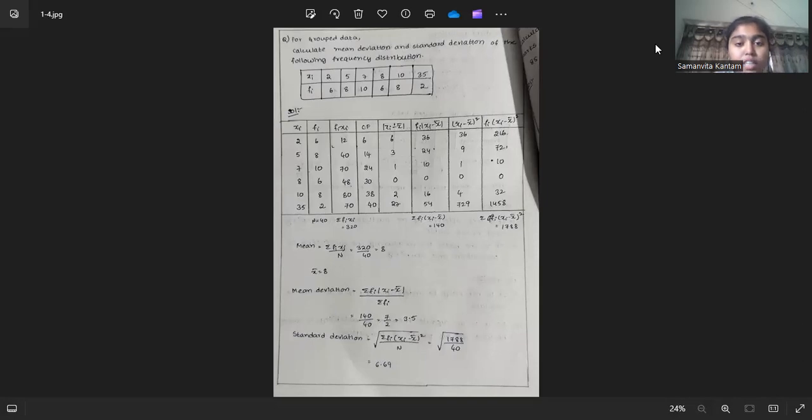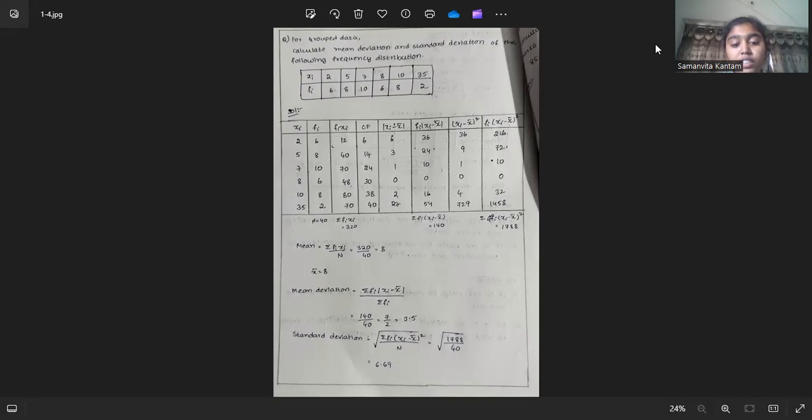First, we find x bar and then xi minus x bar. For grouped data, the mean formula is sigma fi xi by n, where n is the total sum of frequencies, and sigma fi xi we calculate from the table. Then we calculate fi into |xi minus x bar|. We get the value 140.